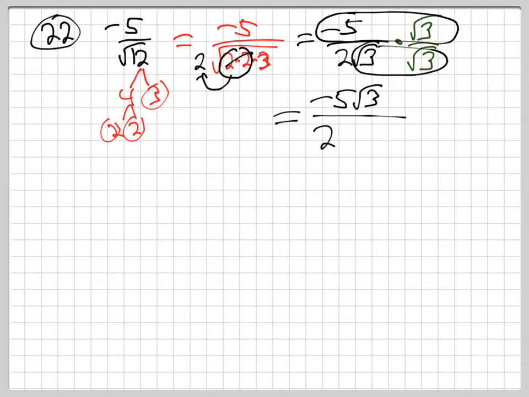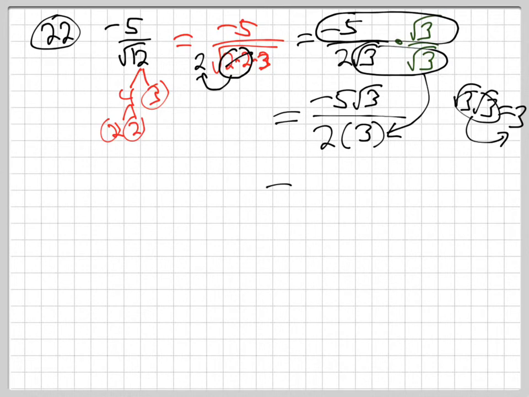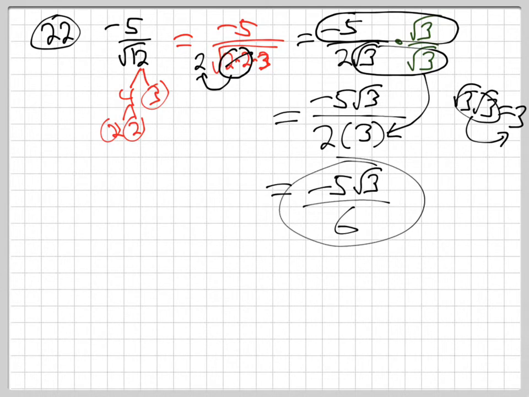And what's root 3 times root 3? Plain 3, right? Remember, root 3 is plain 3 because 2 3's in is 1 3 out. So this becomes minus 5 root 3 over 6. And we're done. And that's option B on the multiple choice.